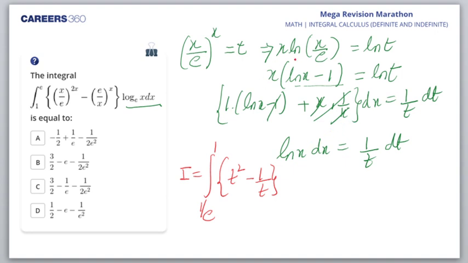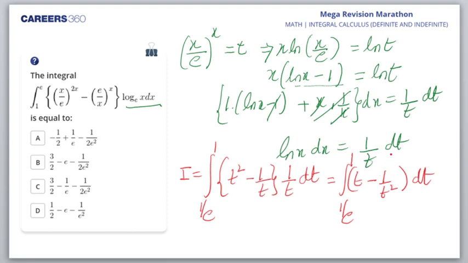And log x dx will become 1 by t dt. So this would ultimately lead to the integral from 1 by e to 1 of t minus 1 by t square dt.